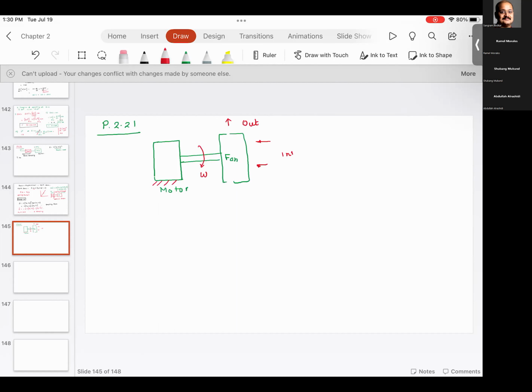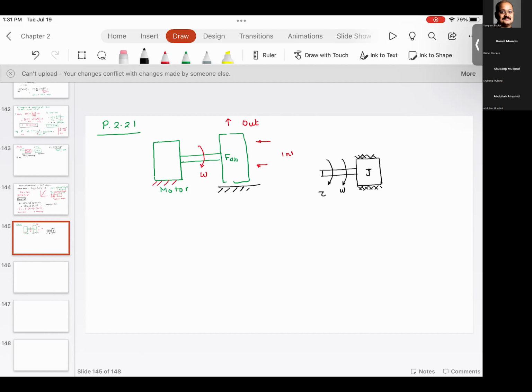And just like in the previous problems that we talked about, this fan is going to have a motor torque, and there is going to be an impeller attached to this fan, and there is going to be some inertia. So tau, and there is omega, and this impeller has the inertia J.